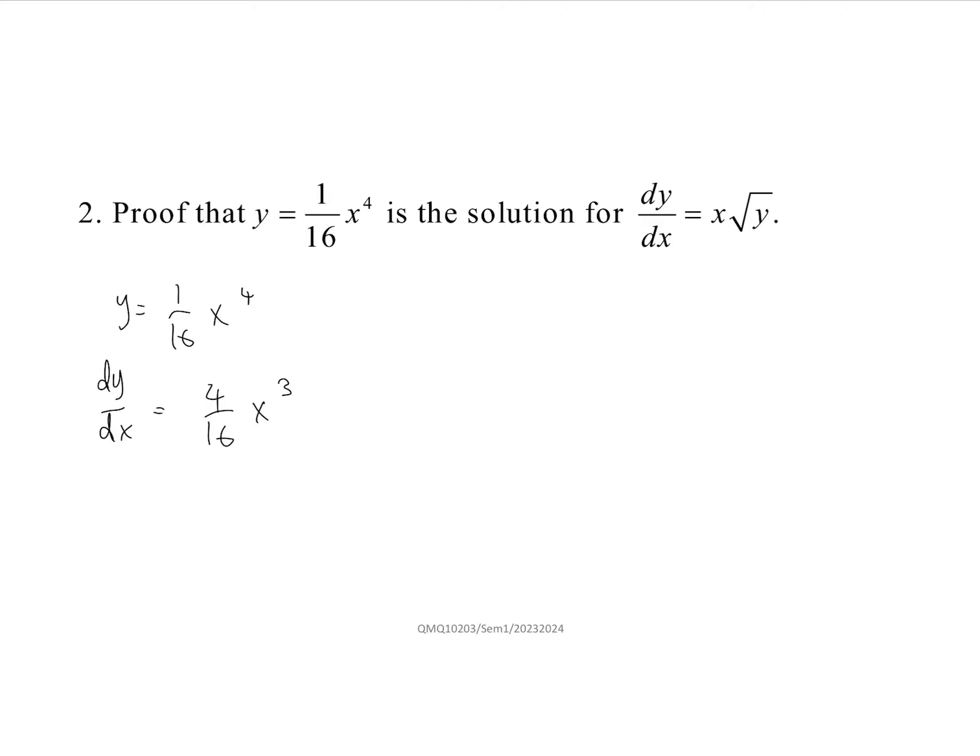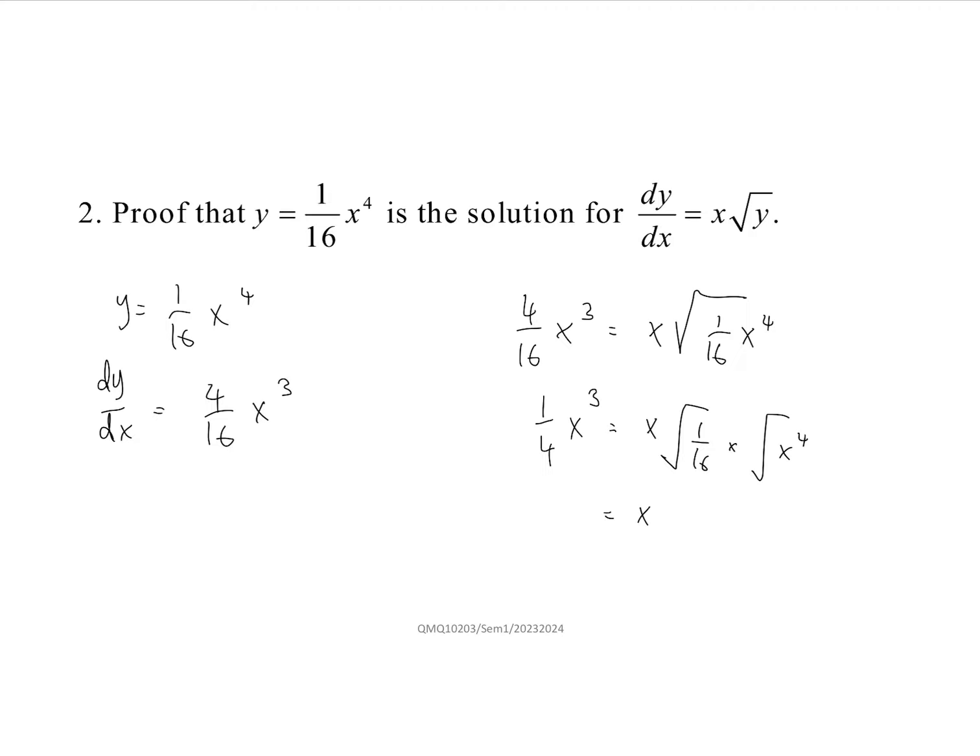Substitute into the equation. We have 4/16, or 1/4, x^3 equal to x√y, where y is (1/16)x^4. For the left hand side, 4/16 is 1/4 x^3. For the right hand side, this is x times the root of 1/16 multiplied by the root of x^4.